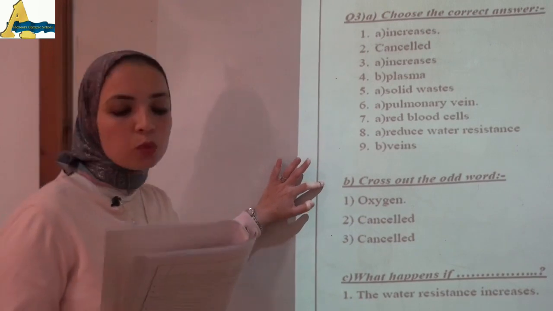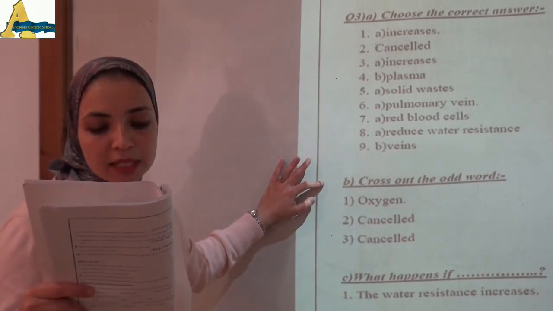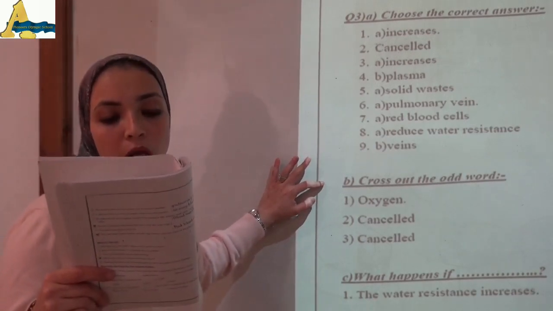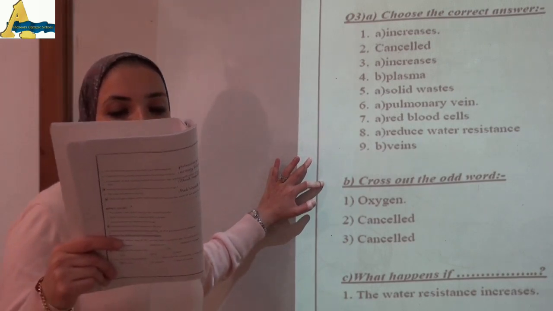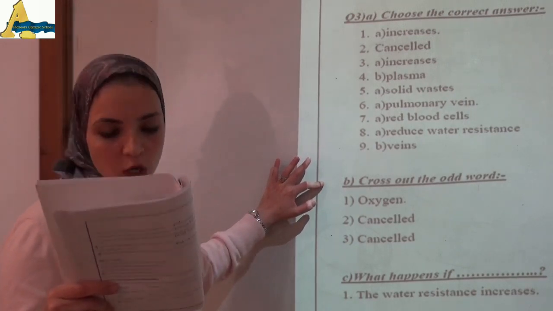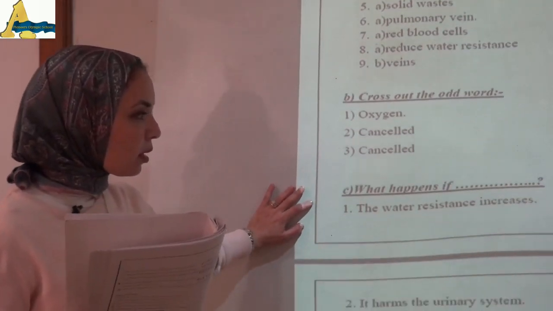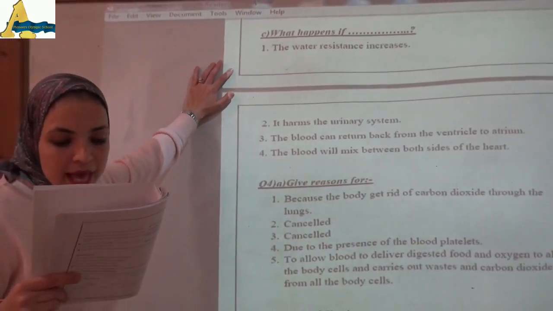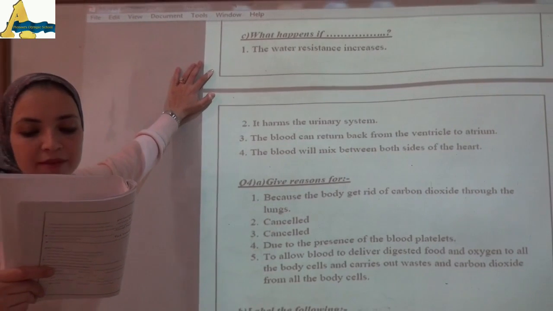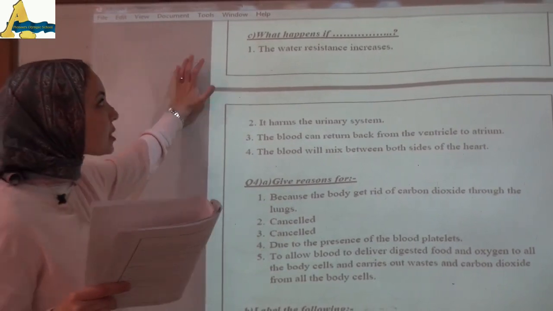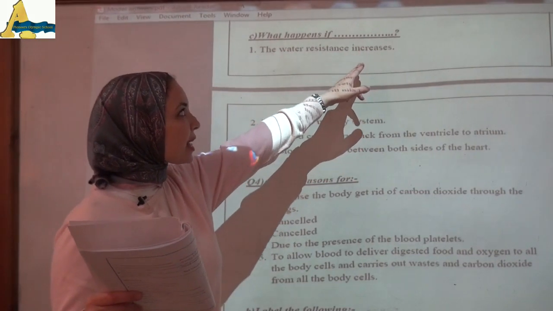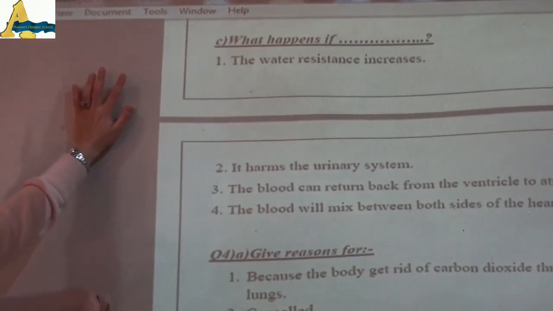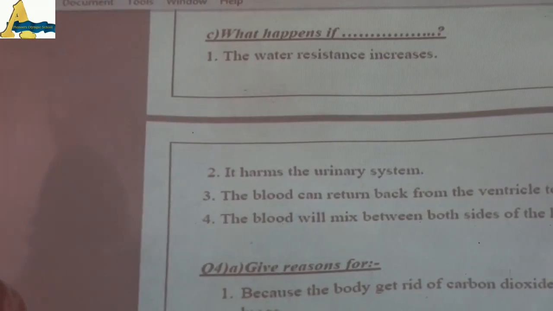Cross out the odd word: carbon dioxide, urine, oxygen, and sweat. All of these are wastes except oxygen. What happens if a swimmer swims in water at a very high speed? Of course, the water resistance will increase. Why? Because there is a direct relationship between the water resistance and the speed.